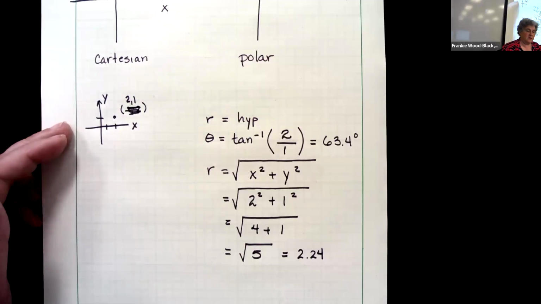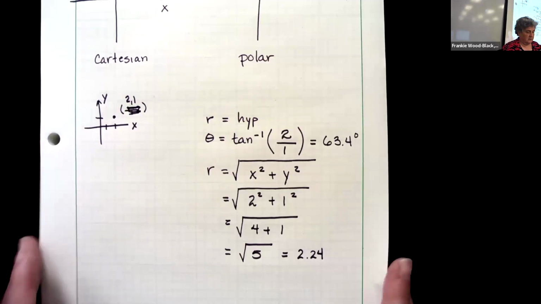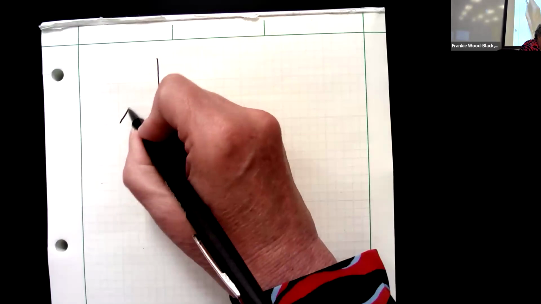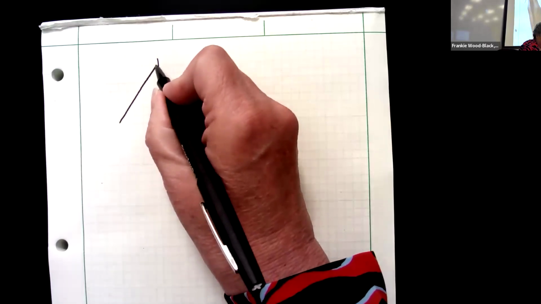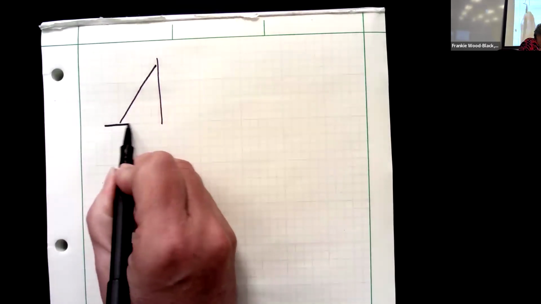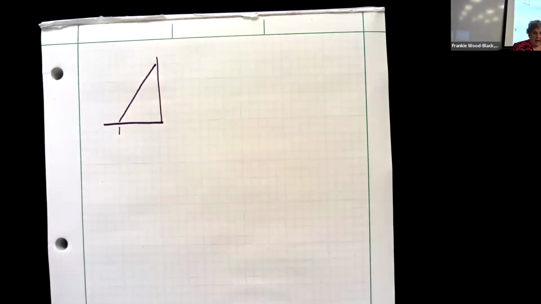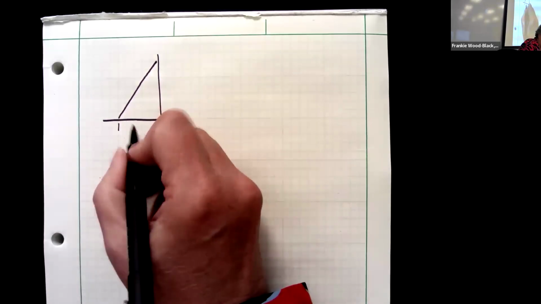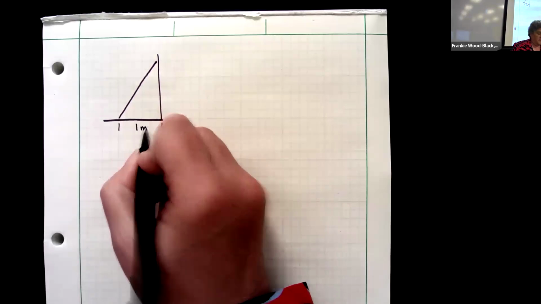Right? So let's do this. Have a building. So we're going to do this in a physical sense. I have a building. And I've got a ladder leaning up on my building. I don't know the length of my ladder, but I do know that I've stepped off 1 meter away from the wall.